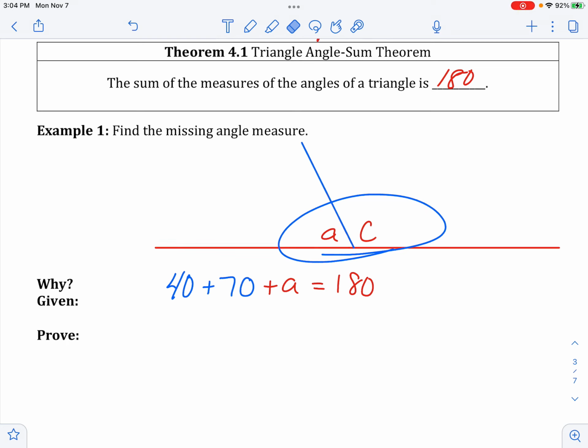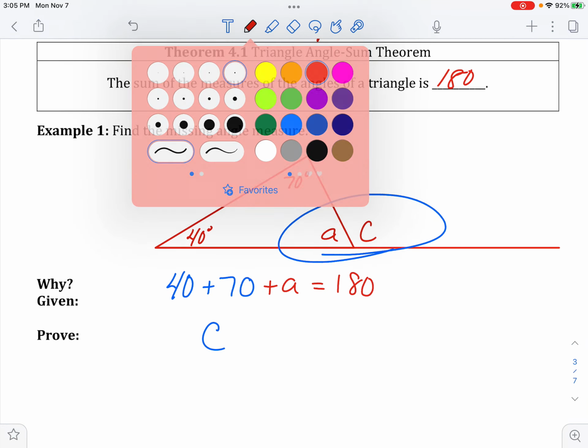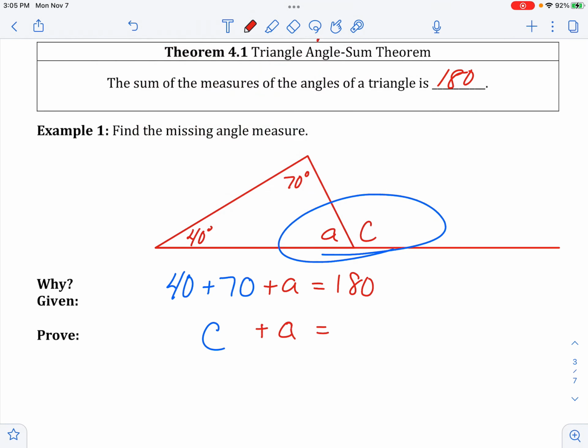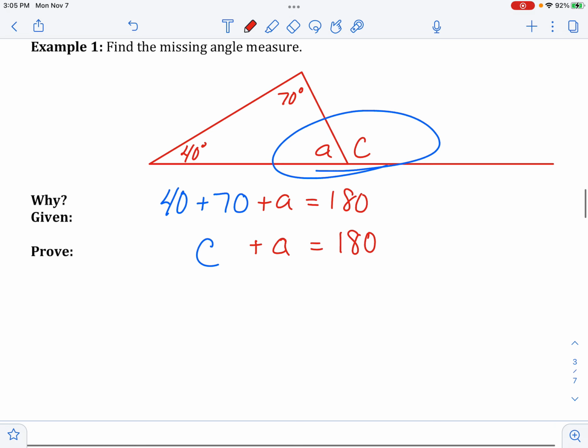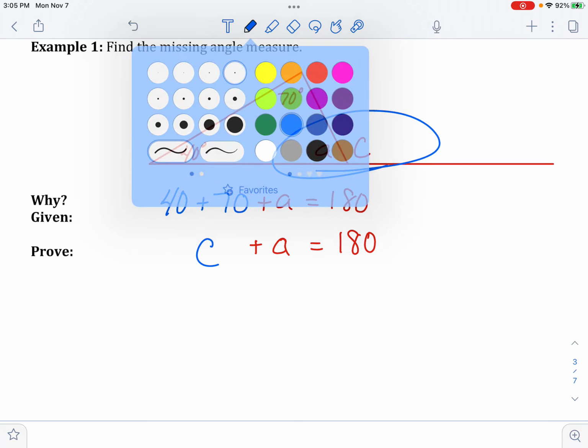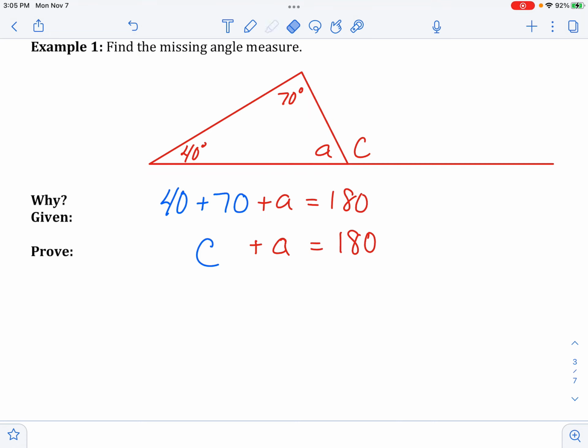Well, angle A and angle C, those are a linear pair. If you put that linear pair together, angle C plus angle A would also equal 180. So why does the exterior angle theorem work? Well, A has to add with these two angles to make 180. A also has to add with those two angles to equal 180.